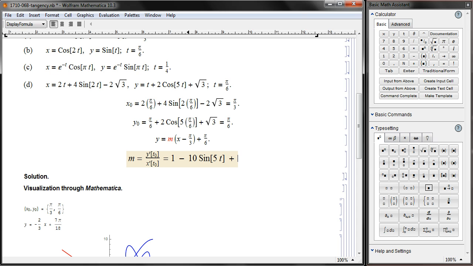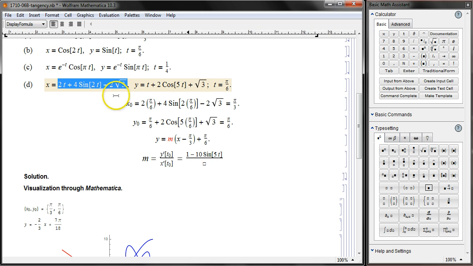Derivative of square root of 3 is 0, so that goes out. All divided by the derivative of x here. Derivative of 2t is 2. Derivative of sine is cosine, so we have 8 cosine of 2t. An additional 2 comes out because of the chain rule, and the derivative of this is 0.